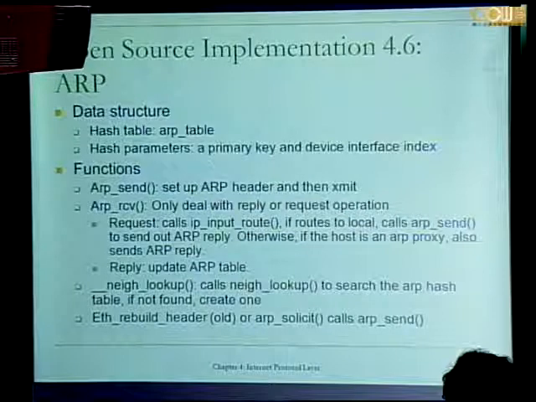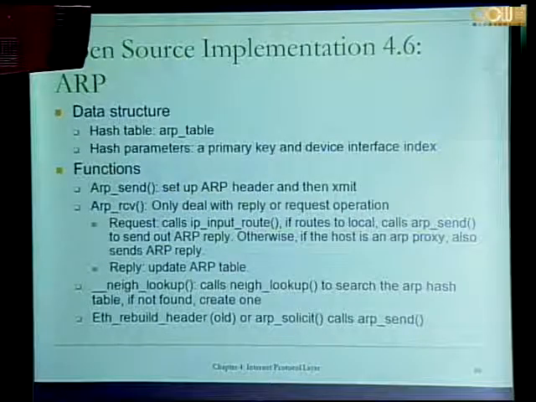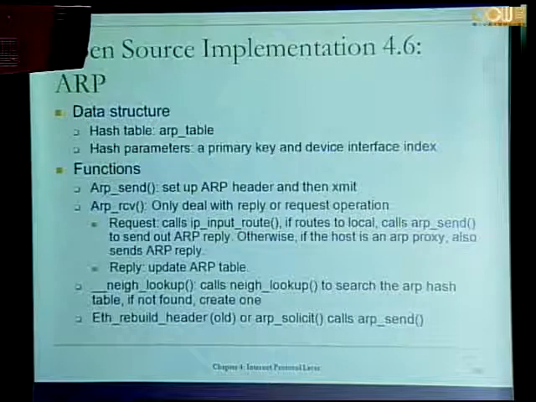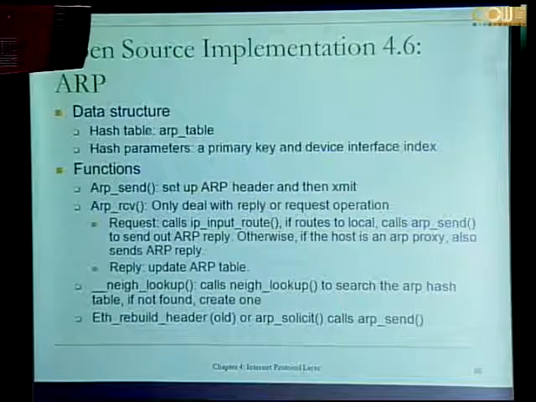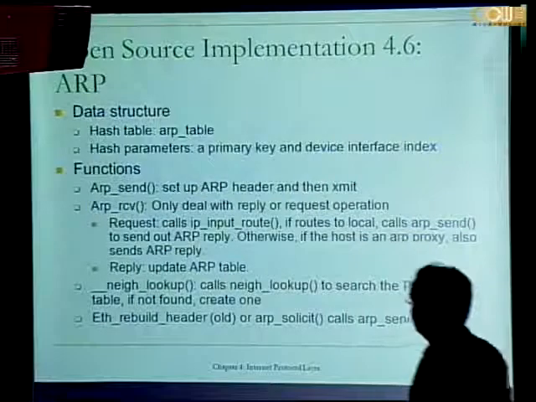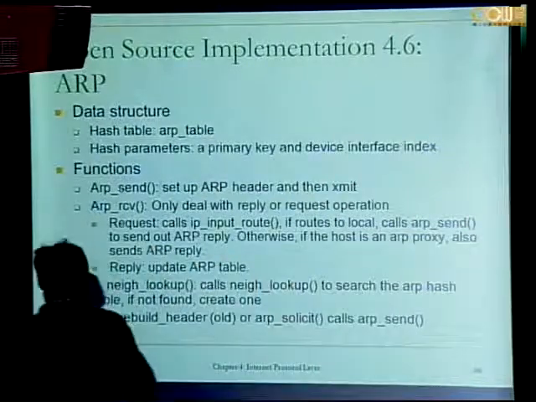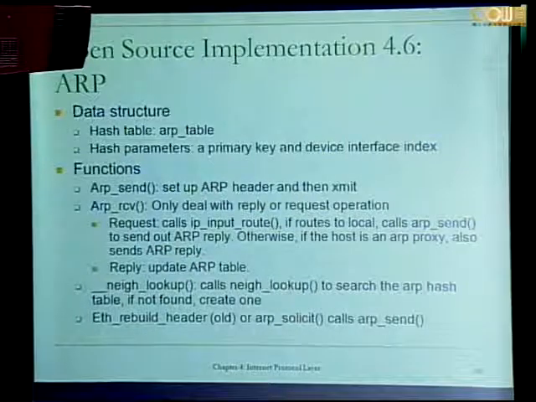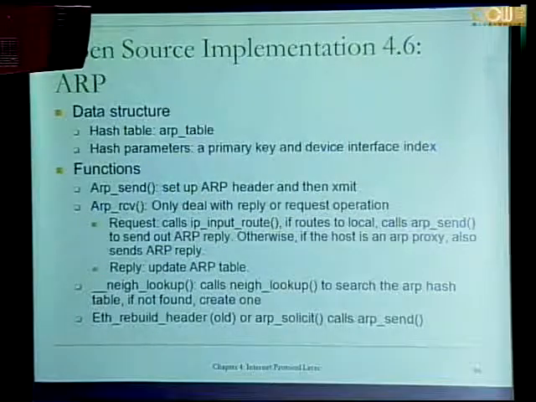ARP send would send an ARP request or ARP reply, and ARP receive would receive an ARP reply or ARP request. So if I implement ARP, I could receive a request or reply.